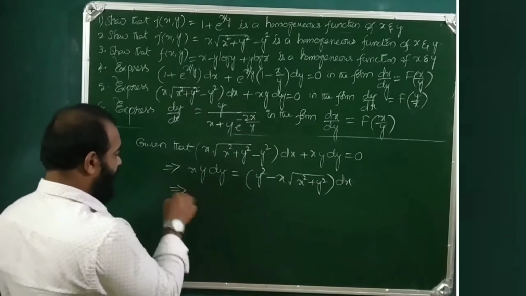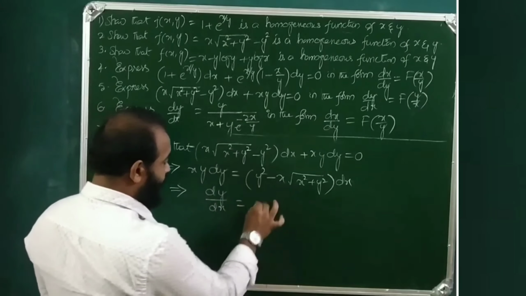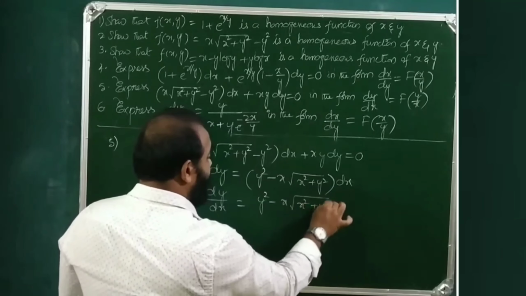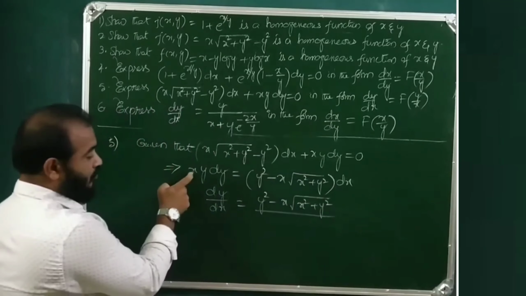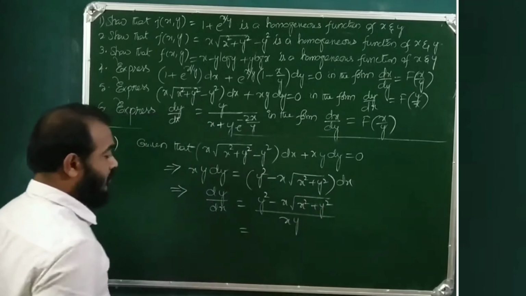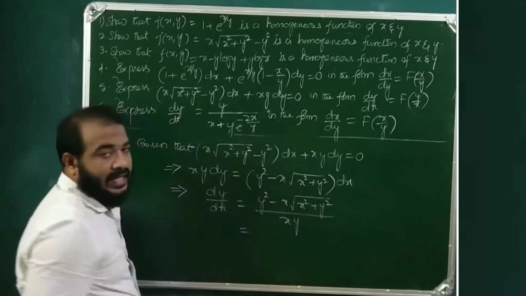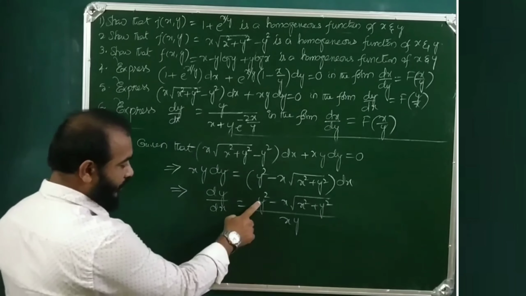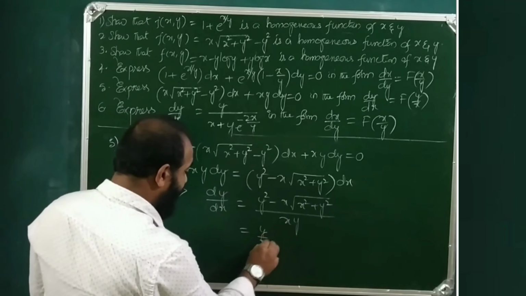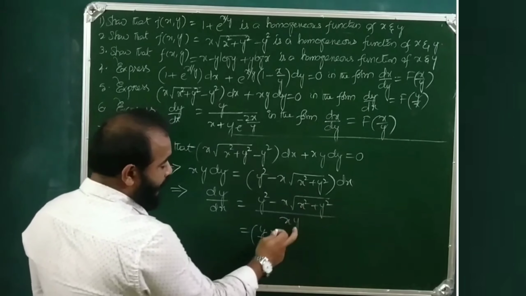Now this is equal to dy by dx is equal to y square minus x root of x square plus y square by, it is multiplying, it would be dividing here, xy. Now this is a minus b by c, a by c minus b by c. So this is y square by xy. So y gets cancelled, we are left with y by x minus x root x square plus y square by xy.